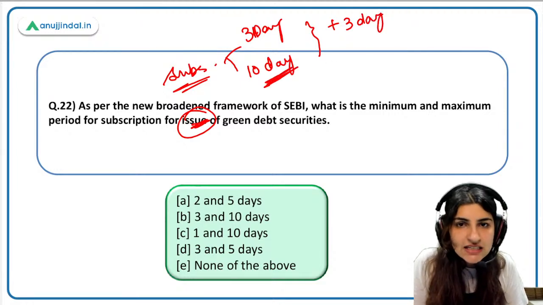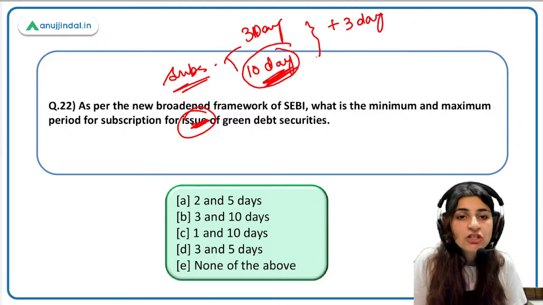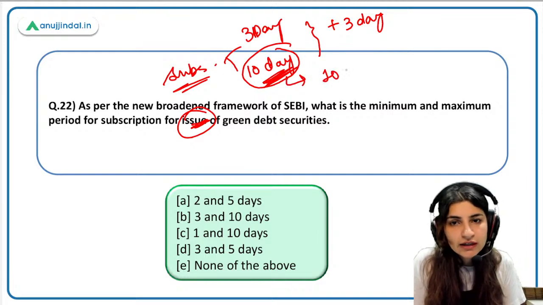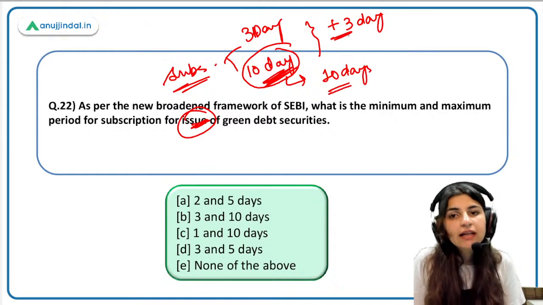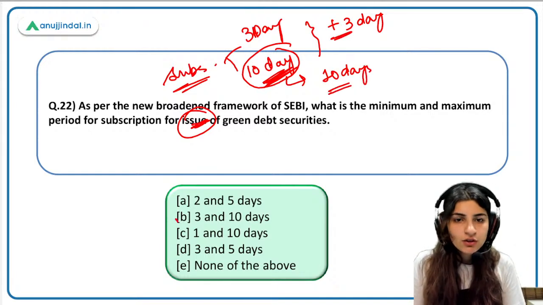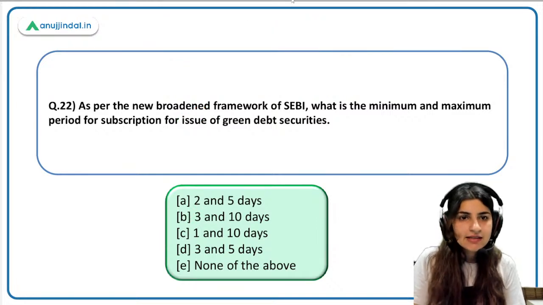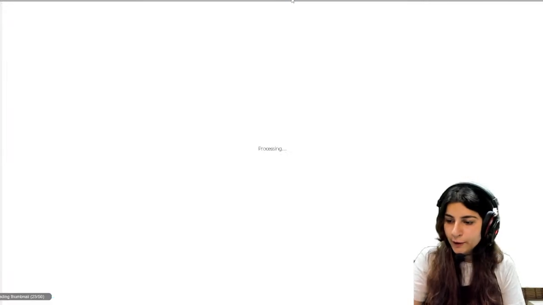However, the maximum amount of time for which a subscription can be open is only 10 days, including this 3-day increase. So the correct answer here is 3 and 10 days. Minimum 3, maximum 10 days the subscription can be opened.